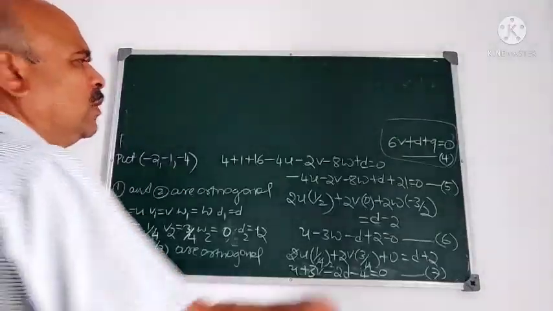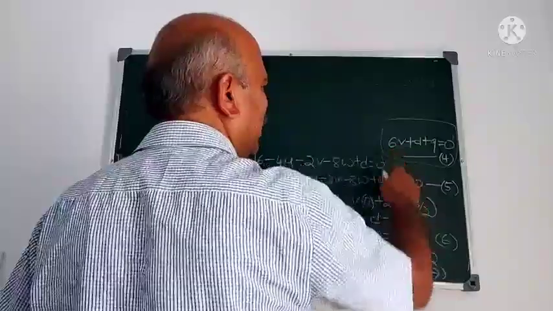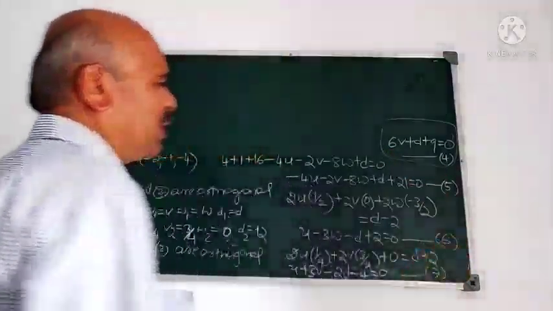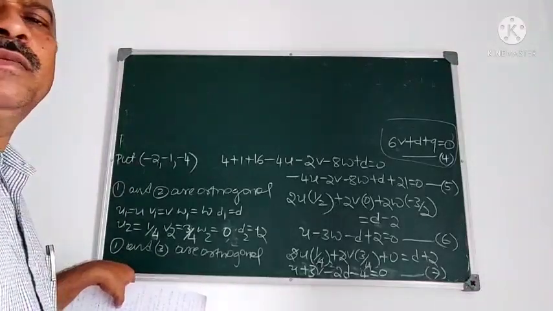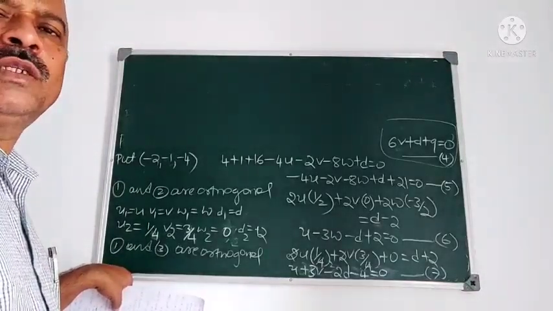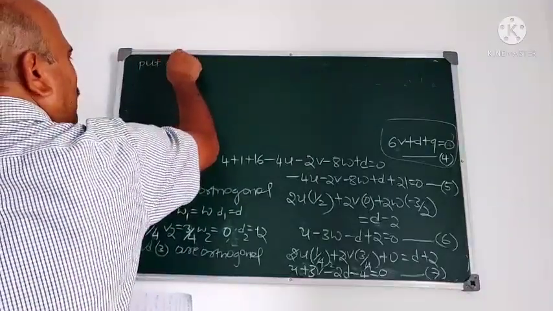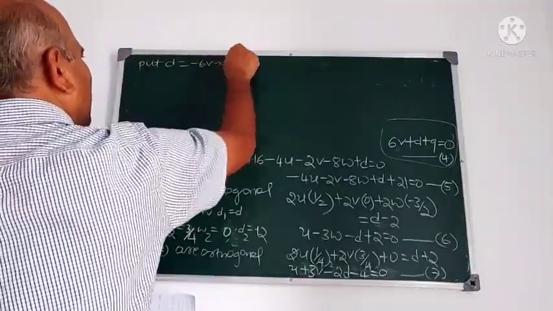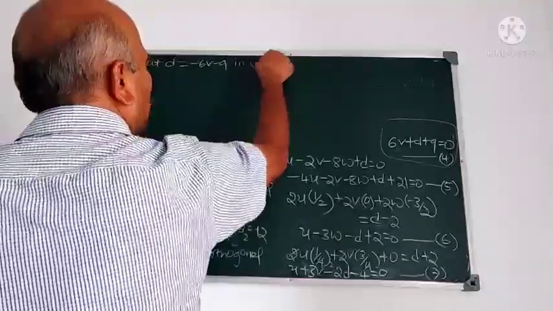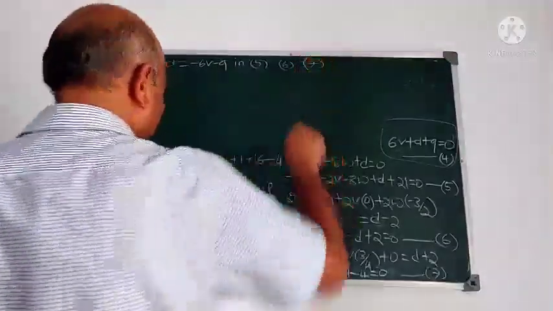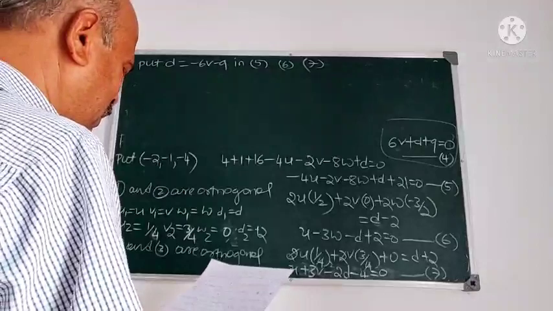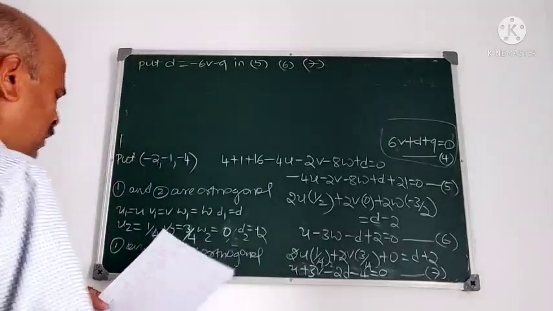We substitute the value of d as minus 6v minus 9 in 5, 6, 7. So we can easily eliminate d from the 4 equations. So put d is equal to minus 6v minus 9 in 5, 6, 7. What do you get?